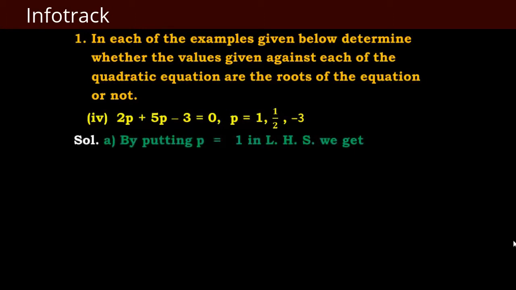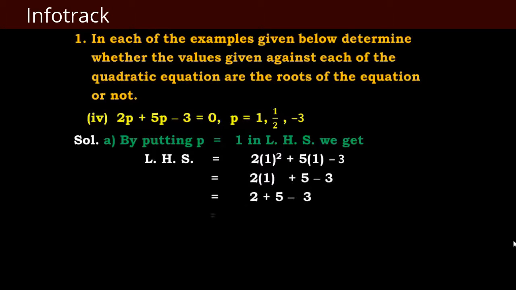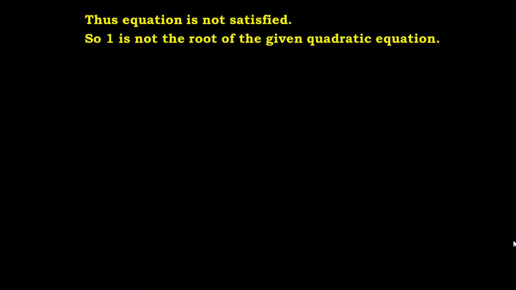So by putting p equals 1 in LHS, we get 2 into 1 square plus 5 into 1 minus 3. 1 square is 1, so 2 into 1 is 2, plus 5 minus 3. That is 7 minus 3 equals 4, which is not equal to RHS. That means LHS is not equal to RHS. Thus the equation is not satisfied. So 1 is not a root of the given quadratic equation.